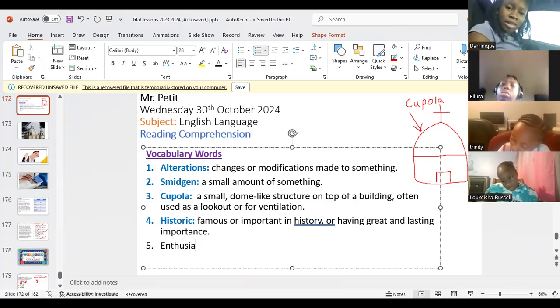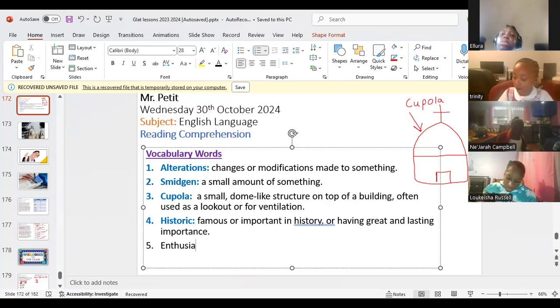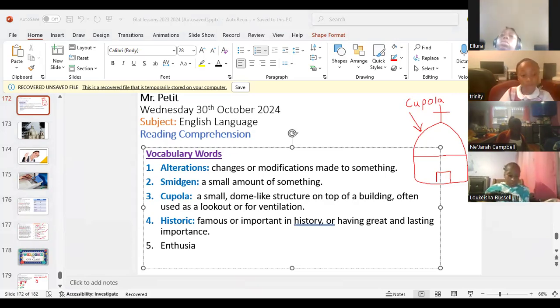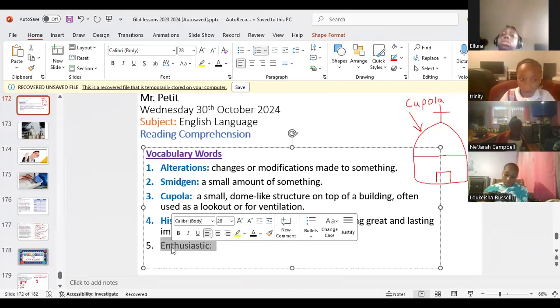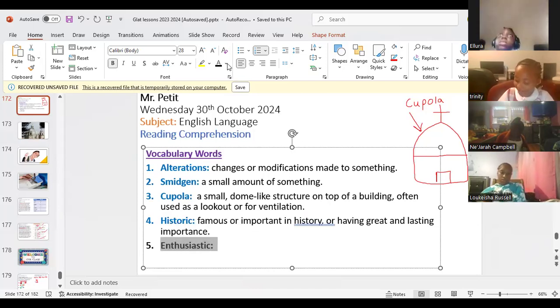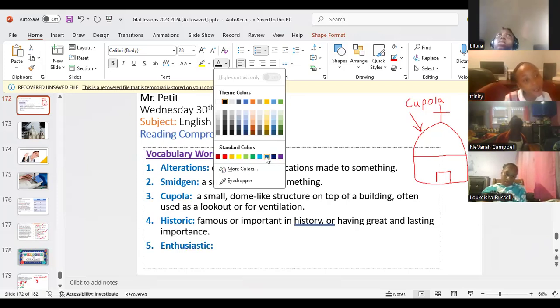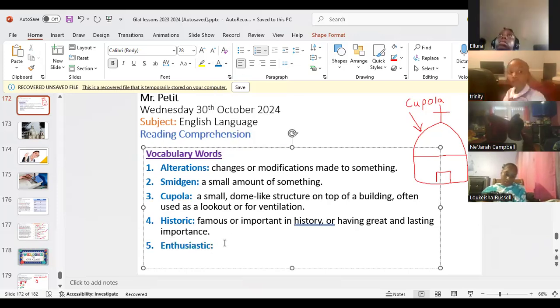Enthusiastic. He was very close. Enthusiastic. What do we mean by enthusiastic? Very happy. Very, very happy, right? Very excited, right? In a very joyful mood.